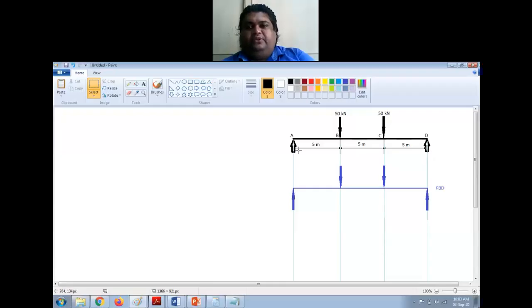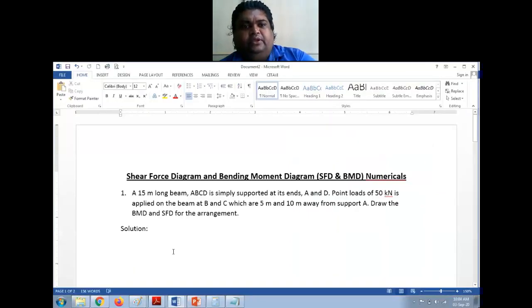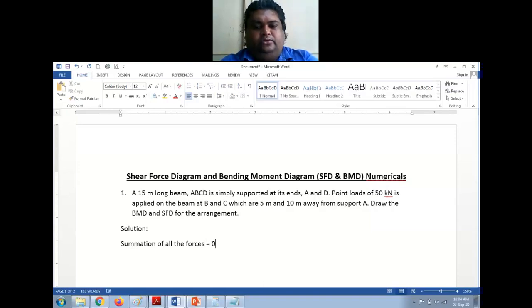Now after this, the first step that we have to do is to find the support reaction at A and D. In order to find the support reaction, we need to do two things. First is summation of all the forces is equal to 0, and summation of all the moments should be equal to 0.